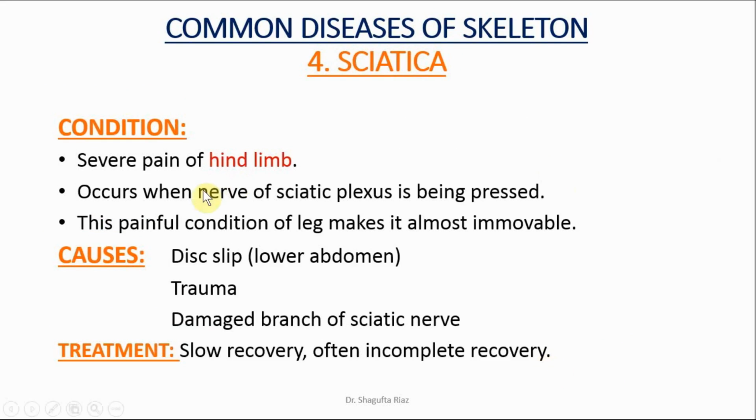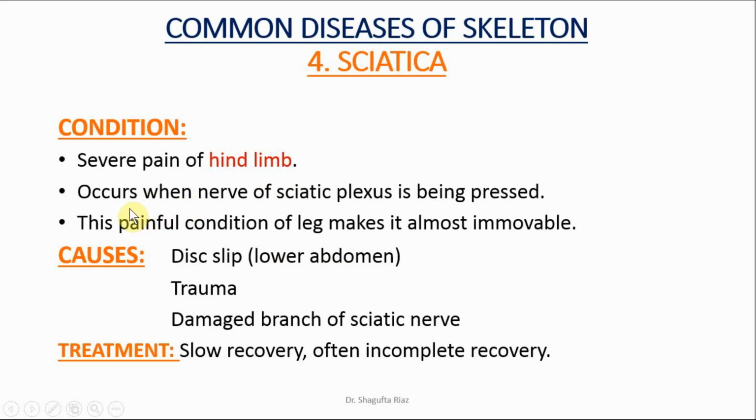Sciatica. In this condition, severe pain of the hind limb occurs. Why? Because of any kind of condition such as disc slip, we have discussed disc slip. If this slip happens in the lower back, then it will involve the legs also.